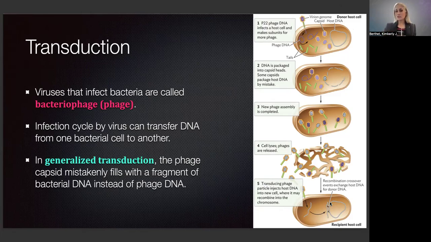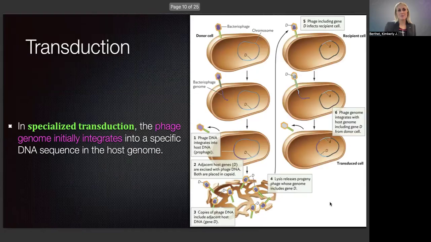So now we've effectively genetically modified the host genome with another host genome. So again, this is a form of horizontal gene transfer, obtaining this new DNA from one bacterial cell to the next. In transduction, we also have specialized transduction. In specialized transduction, it's a little bit different.